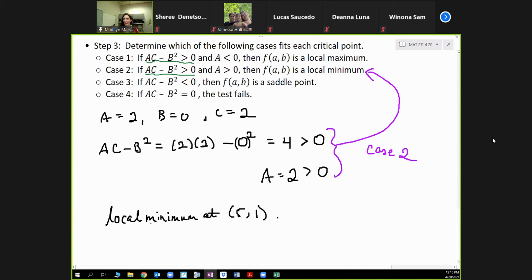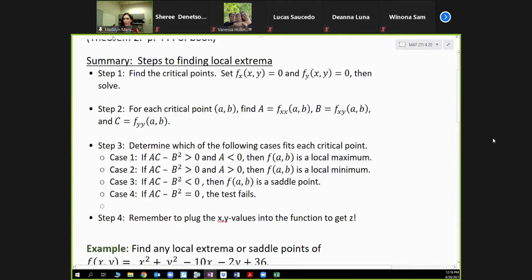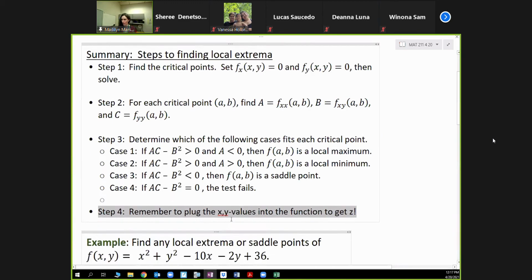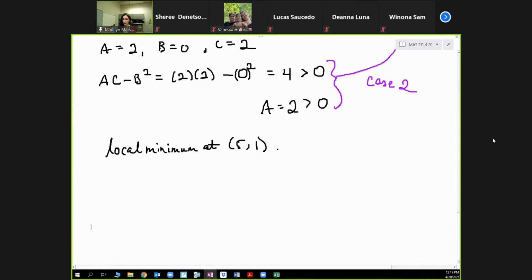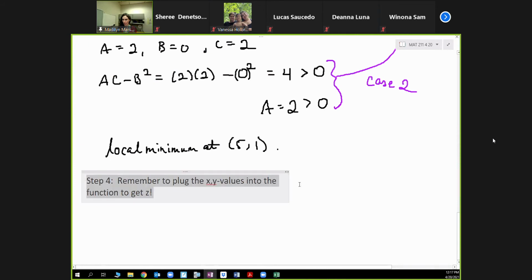And that is, I'll bring up step 4. Step 4, remember to plug in the xy values into the function to get z.